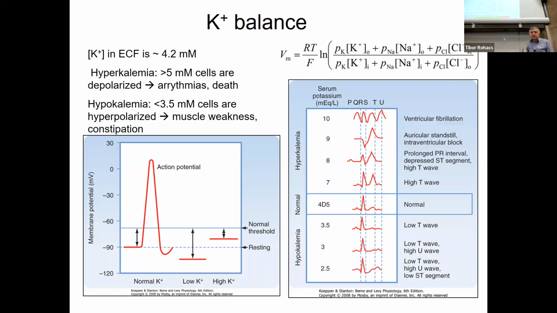So potassium is very dangerous because by doubling the concentration in the blood, which causes zero effect on osmolarity, you can have life-threatening arrhythmias.